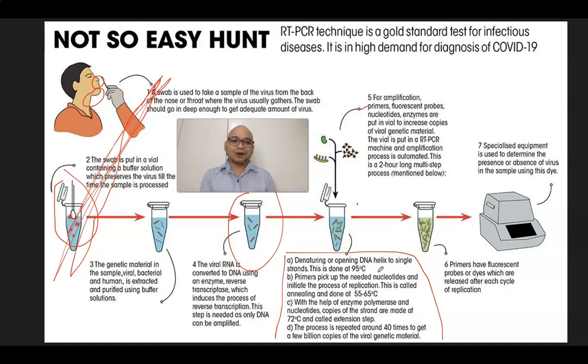You would know because primers would have fluorescent probes. As I told you, these fluorescent probes serve as a marker, or dyes, which are released after each cycle of replication. And these probes are detected in real time by this RT-qPCR.